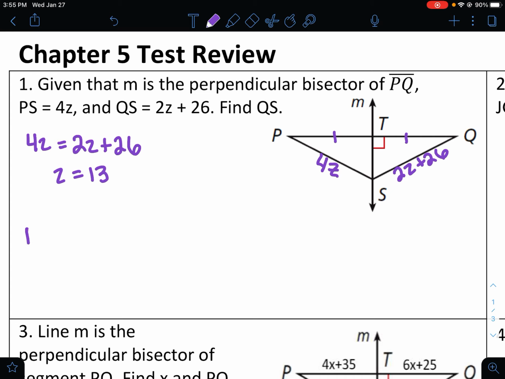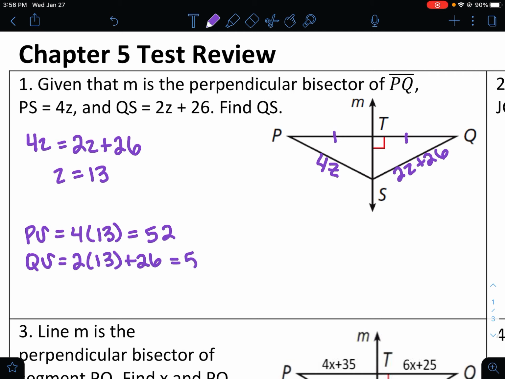So for PS, we'll have 4 times 13, which equals 52, and then for QS, we have 2 times 13 plus 26, which also equals 52. So it says to find QS, and there it is.